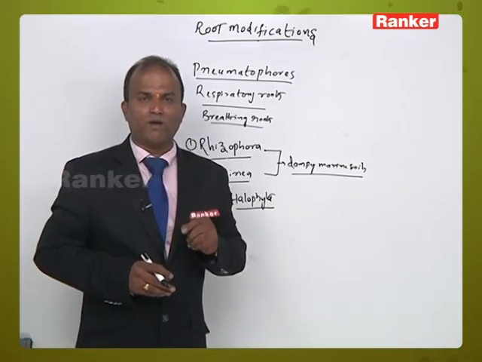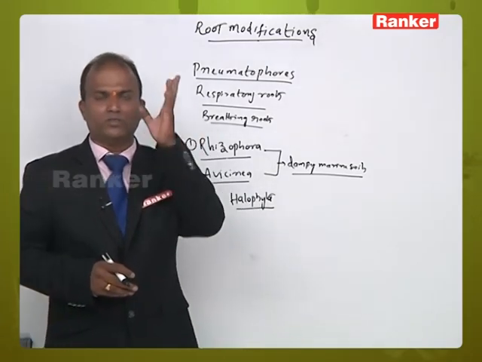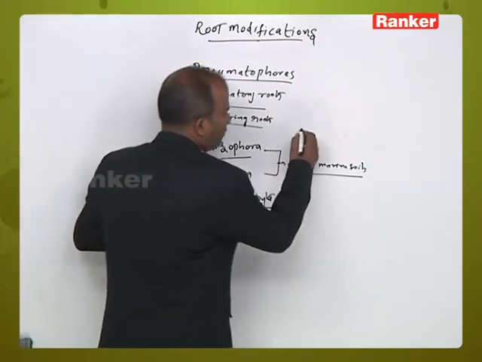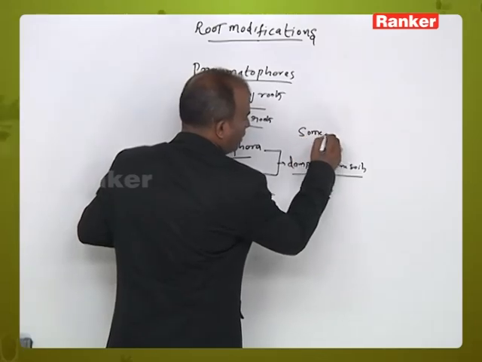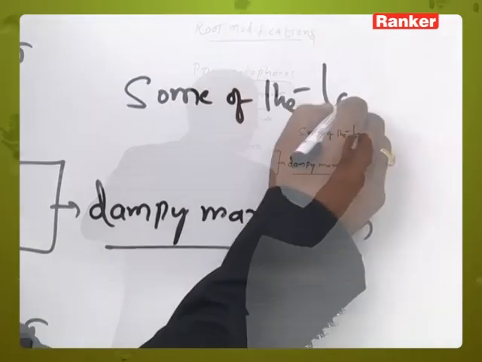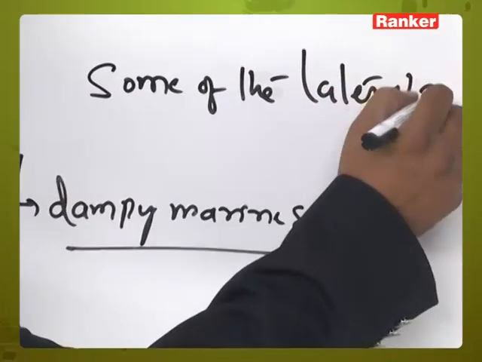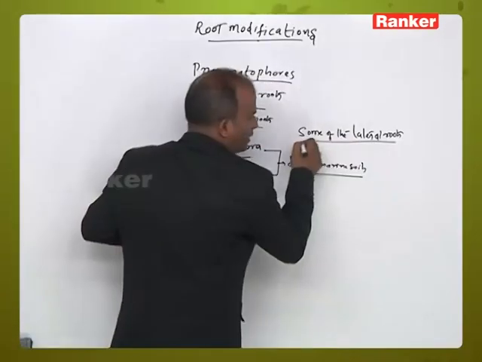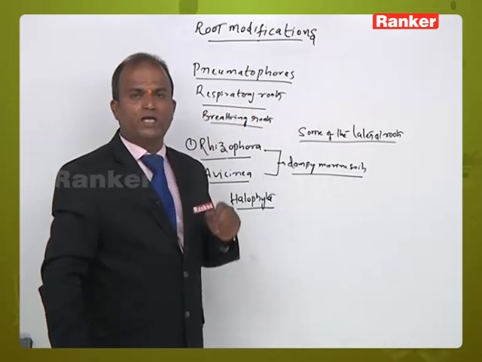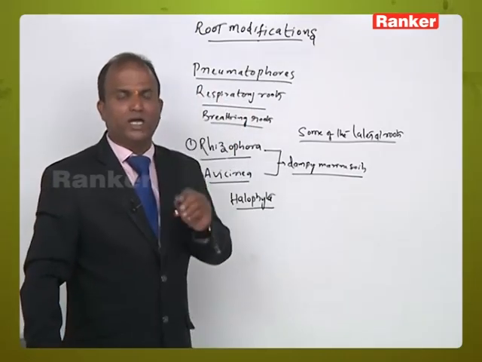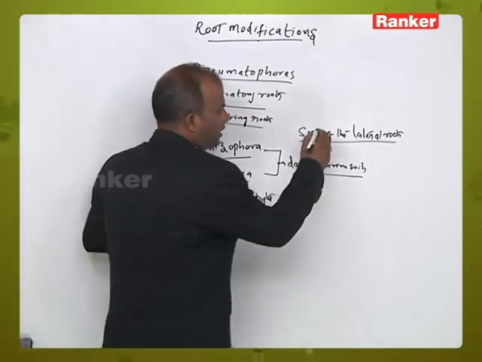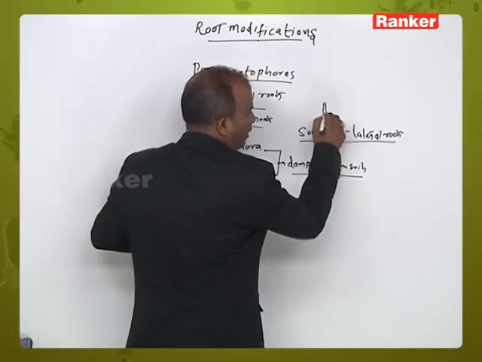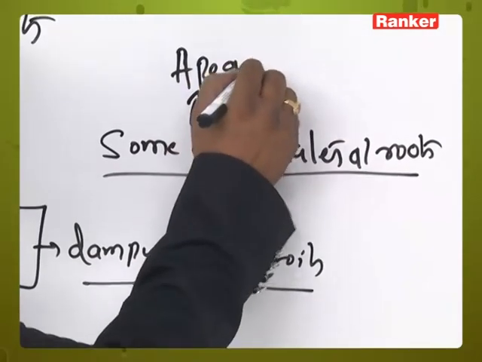What happens is that some of the lateral roots grow apogeotropically.